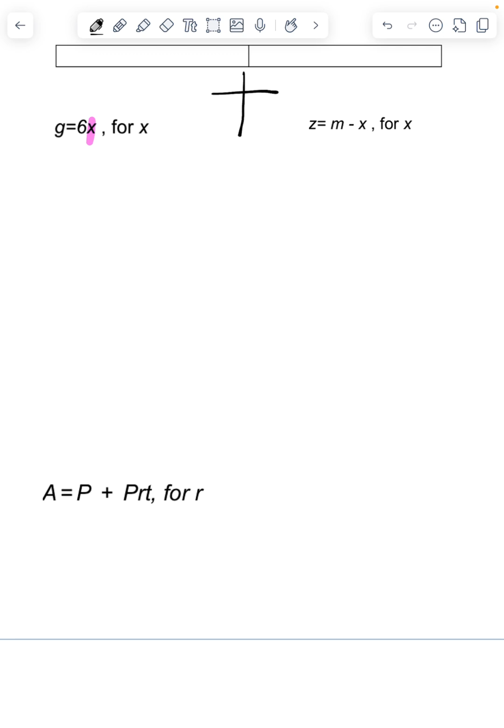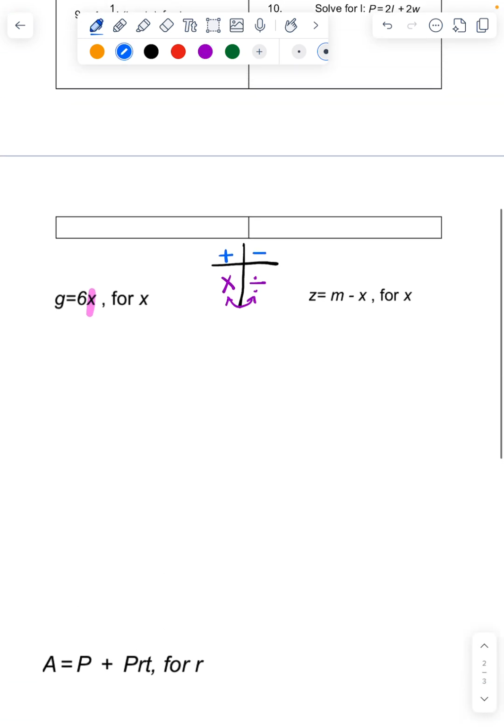If we are doing plus, the opposite is minus. If we are doing times, the opposite is division, right? And vice versa, okay? So that's what I mean by inverse operations.